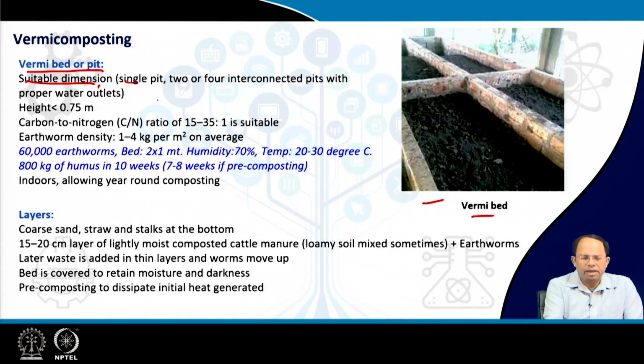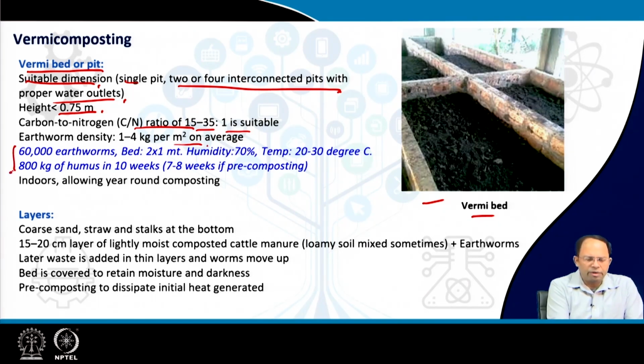It could be a single pit or, as per the amount of garbage being produced, 2 to 4 interconnected pits with proper water outlets, with a drainage network at the bottom. Maximum height is 0.75 meter, but usually it is much less than that. The C/N ratio is around 15 to 35 to 1. Earthworm density is around 1 to 4 kg per square meter on average.